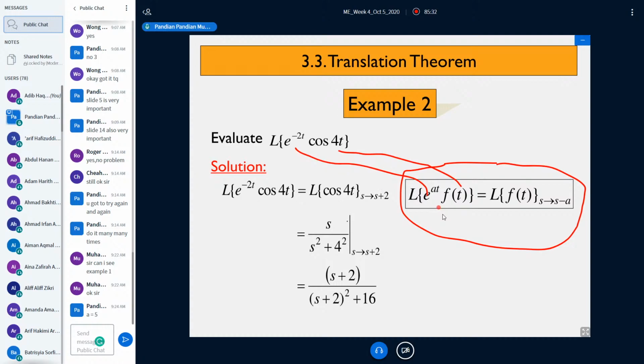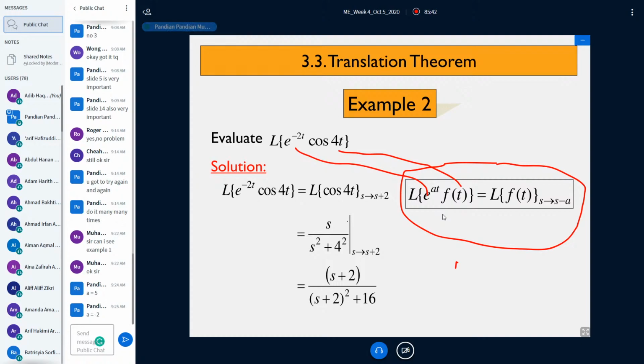Example 2. So e^(at), a is minus 2. And then cos 4t, so your k is 4.